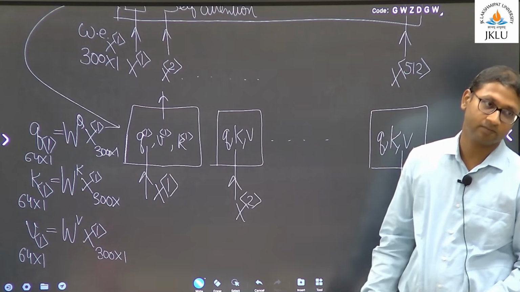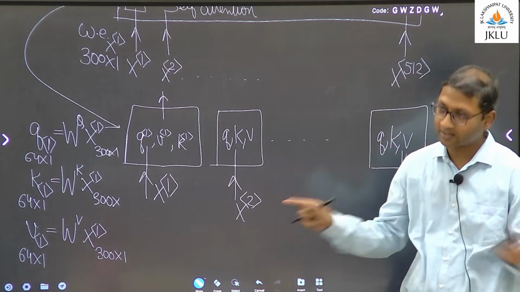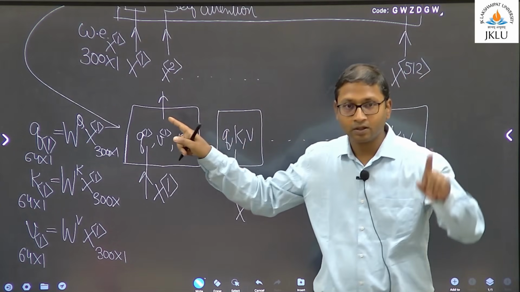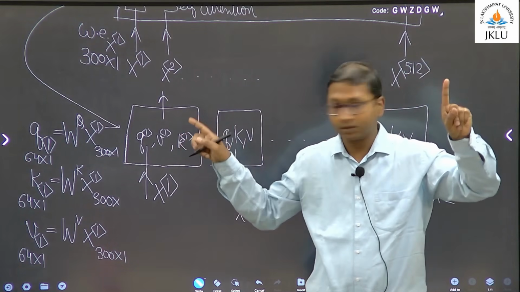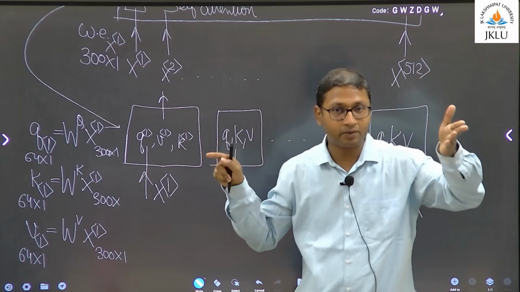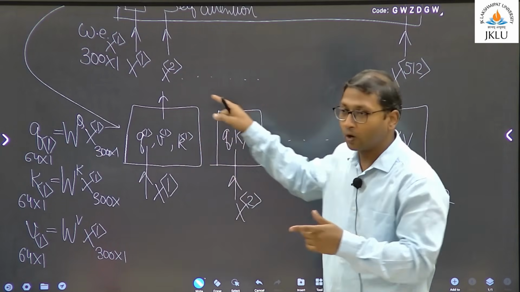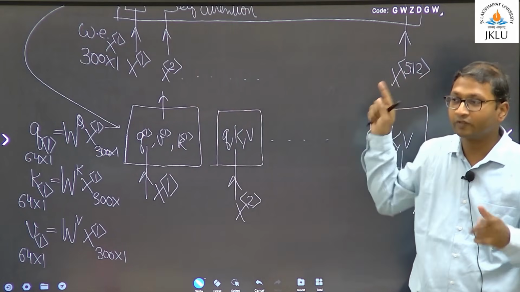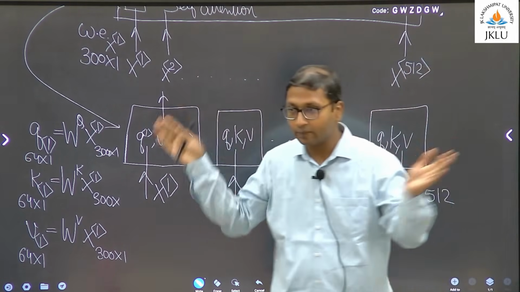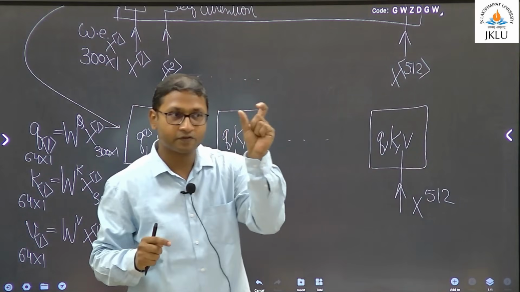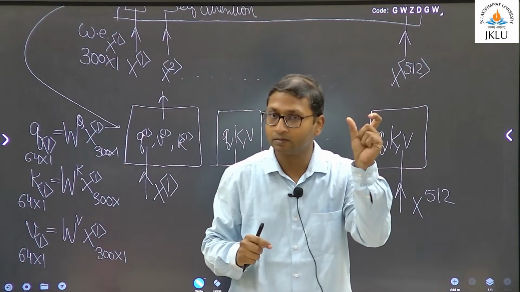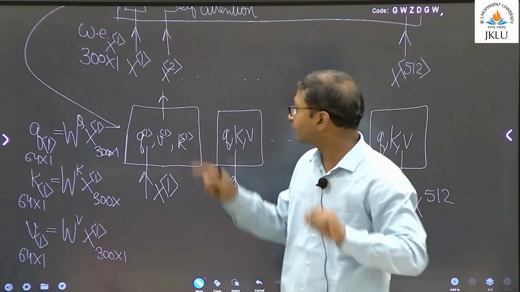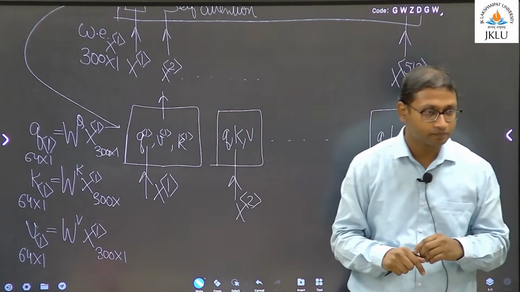This is easy. I mean, this is what we did in last class. So alpha 1 times V1 plus alpha 2 times V2. So how many terms here total? 512. When you sum them up, it will be a vector of size what? What will be the size of my final output here?